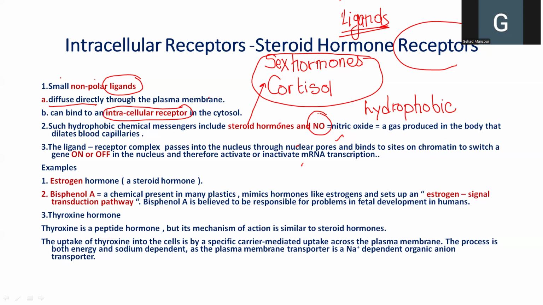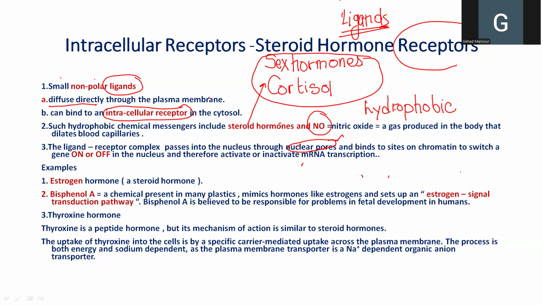And this ligand receptor complex will not only be inside the cytosol, but it will pass through the nuclear pore, meaning that the complex itself, the ligand, which is a small molecule, and the receptor, which is also a small molecule. Why are they supposed to be small? First, the ligand is small to pass through the cell membrane easily, and the receptor is small to be able to pass through the nuclear pores. The nuclear pores are the pores present in the nuclear membrane.